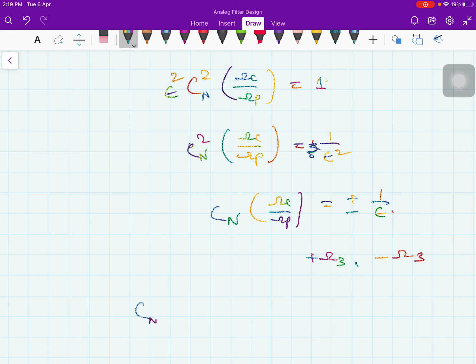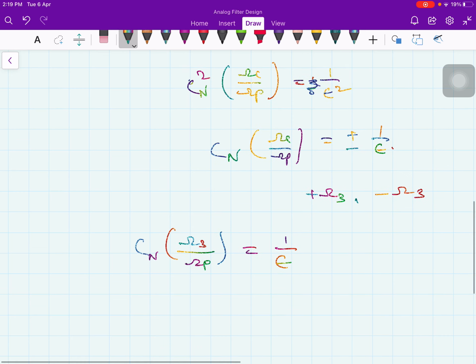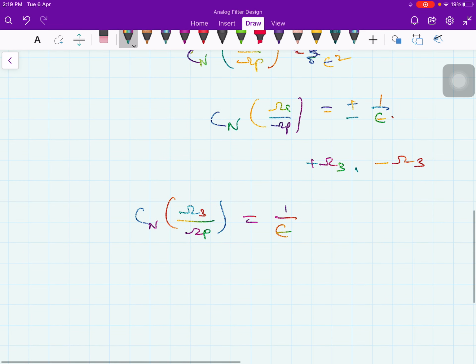Okay, so Cn of 3 dB frequency is 1 over epsilon. Now obviously this 1 by epsilon will be greater than 1. Why? Because epsilon is a small value, right? So therefore 1 by epsilon will be greater than 1.